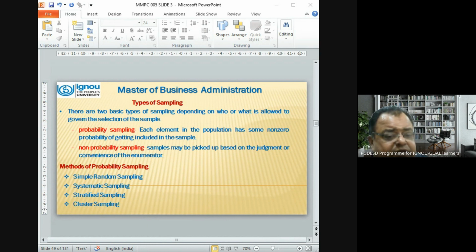The second one is non-probability sampling. There, samples may be picked up based on the judgment or convenience of the enumerator. Now, what are the different methods of probability sampling? Simple random sampling, systematic sampling, stratified sampling, cluster sampling.